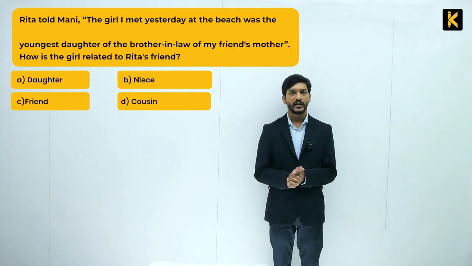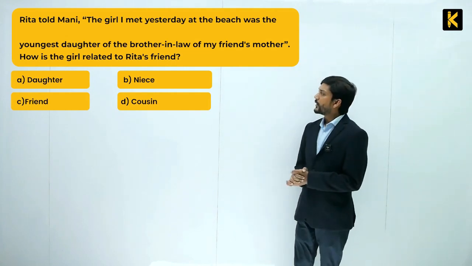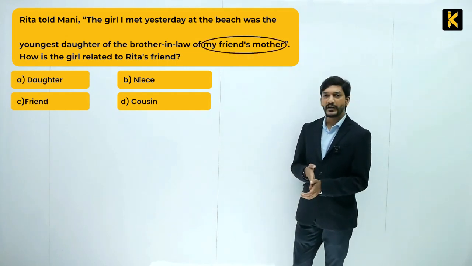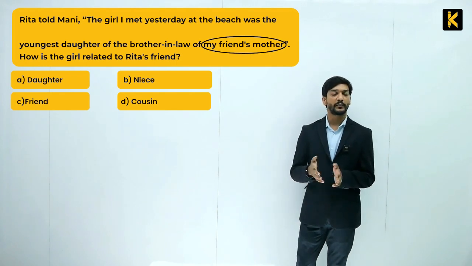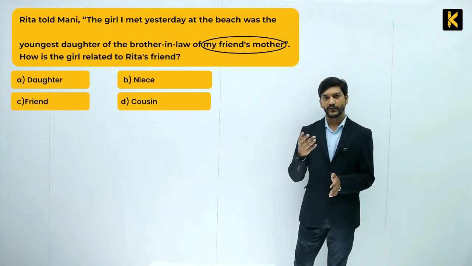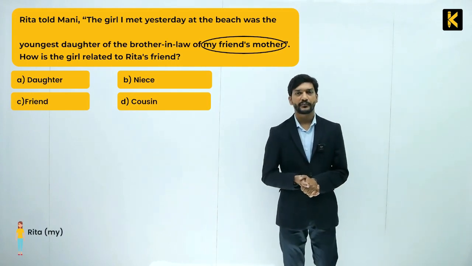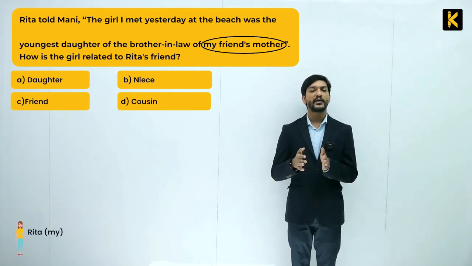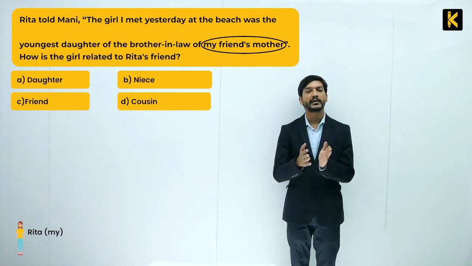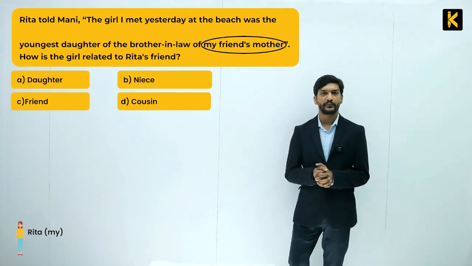First, let me show how my friend's mother will be represented. My means Rita. So let me show Rita first. For Rita, the word "my" is used, so I have written it in the bracket as well.